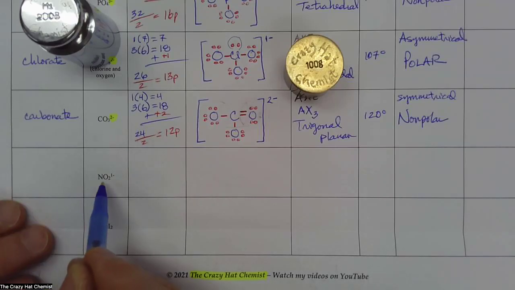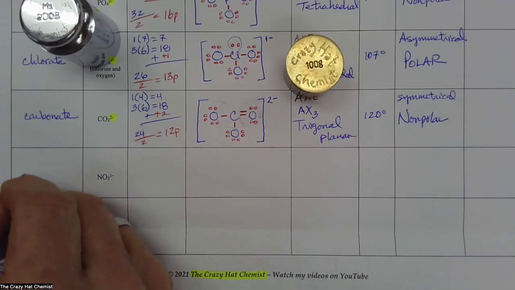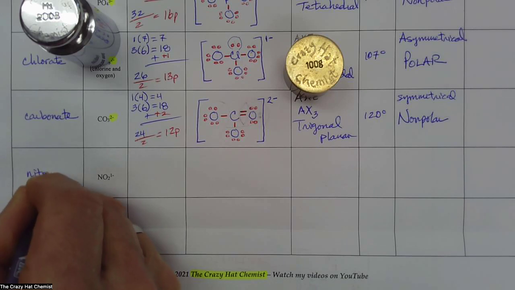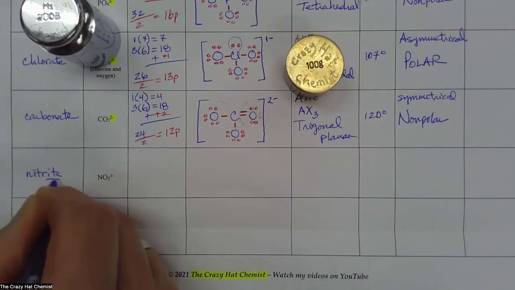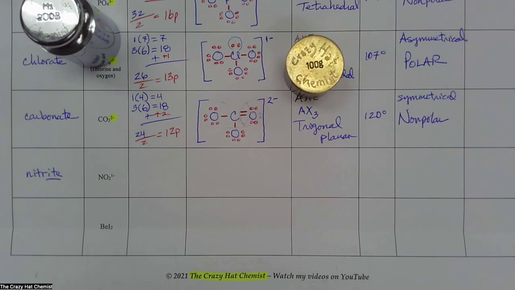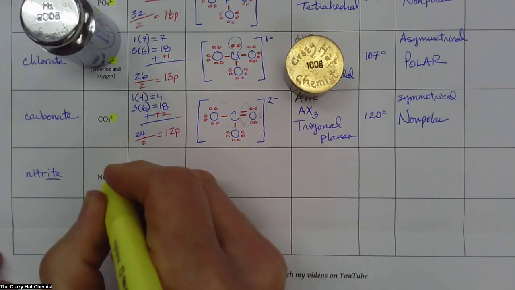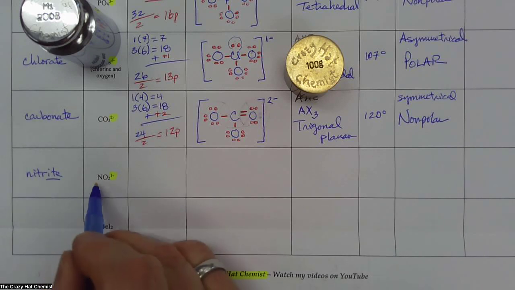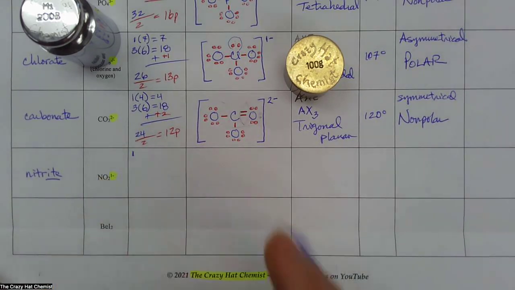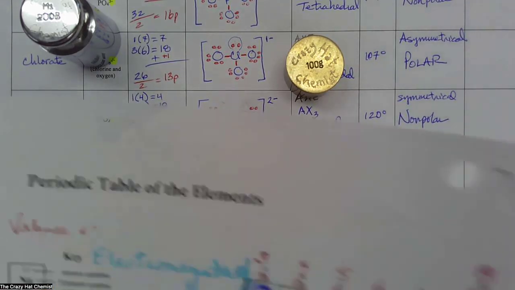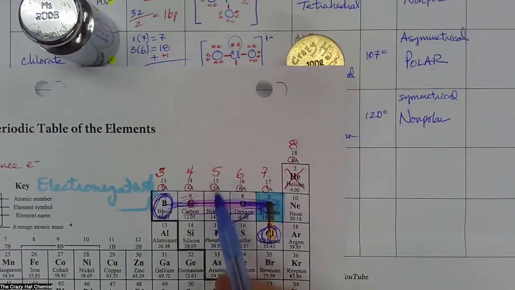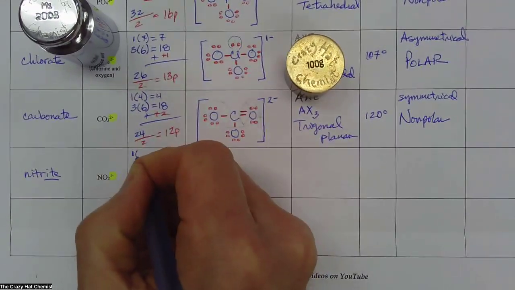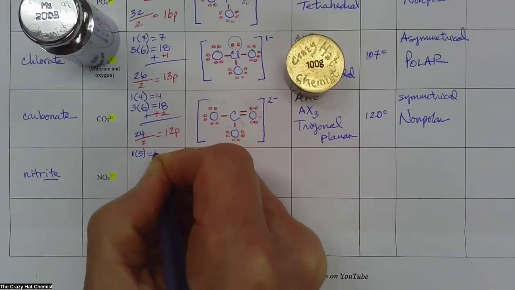This next one is NO2 minus, which is nitrite. It's nitrite, not nitrate. This also has a charge to it, and that's that 1 minus charge. So we're going to have to add that into our total number of electrons. So how many nitrogens are there? There's 1 nitrogen. How many valence electrons in nitrogen? 5. So that's 1 times 5. That's 5.